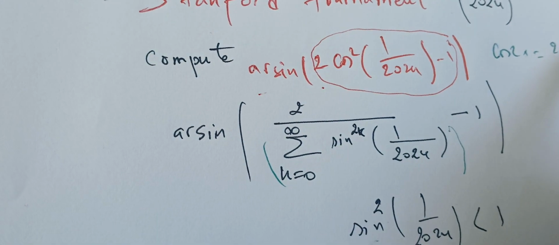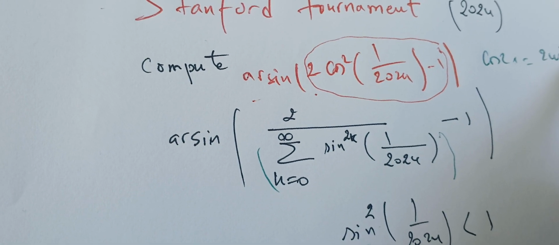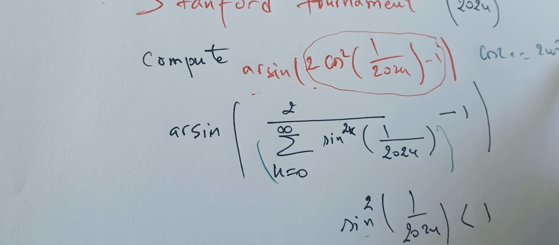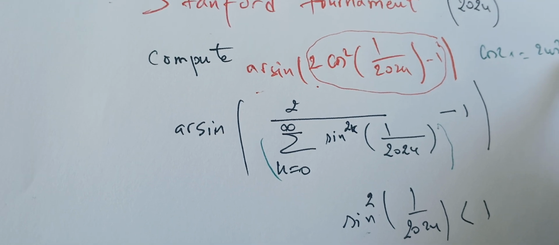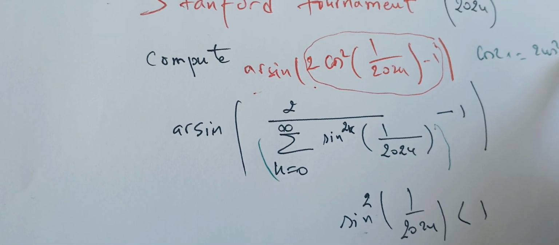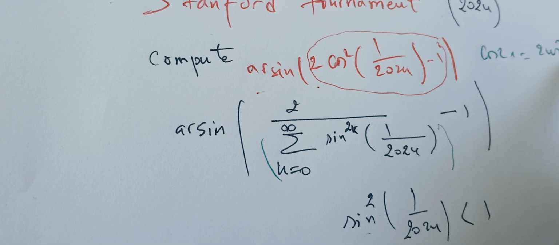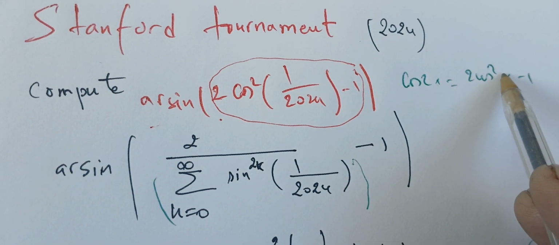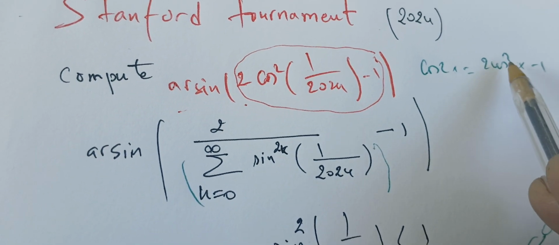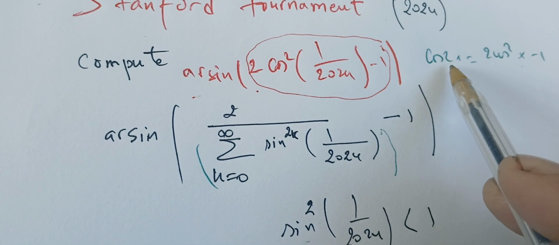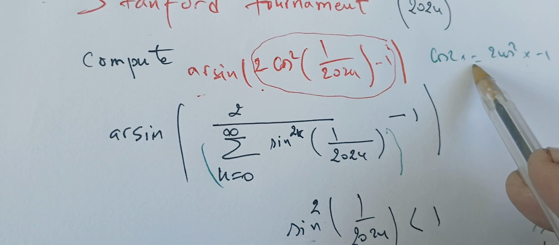So here if I take x as 1 over 2024, this result gives me the cosine of 2 over 2024.